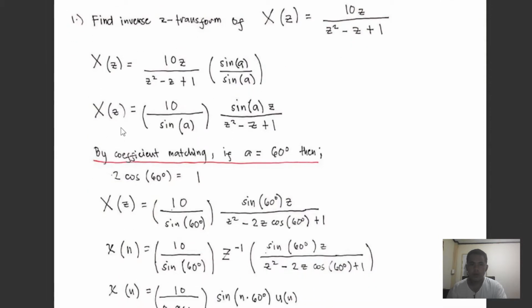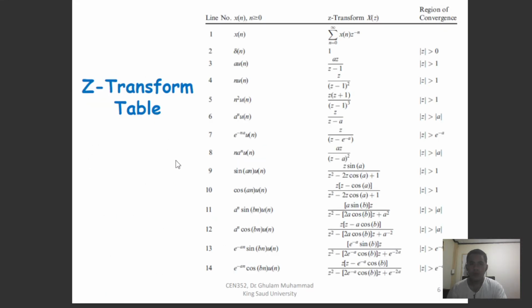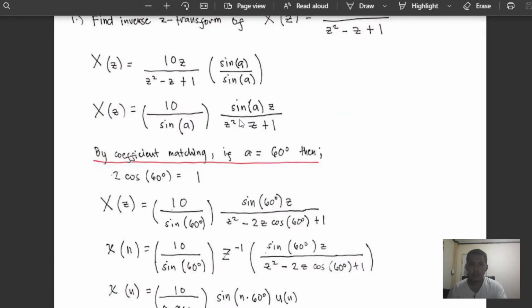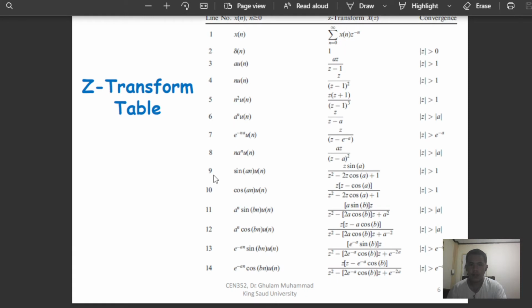The next step is to arrange this system in a manner which is familiar in the Z transform table. This system is familiar in line 9.